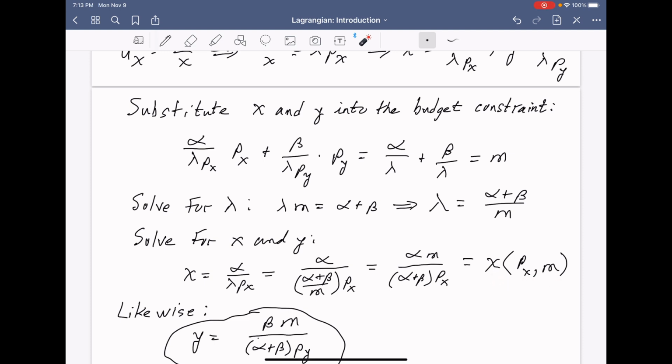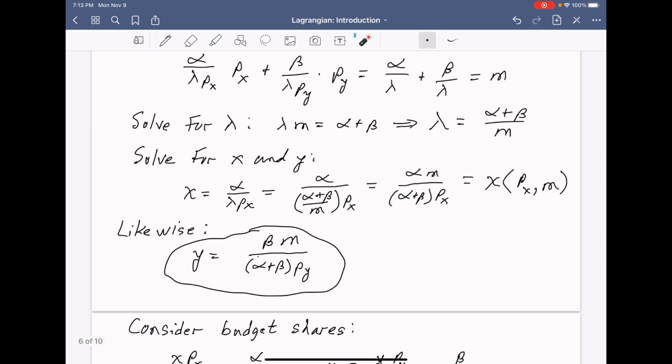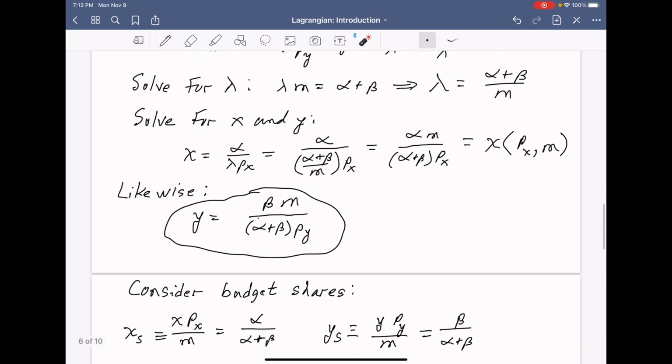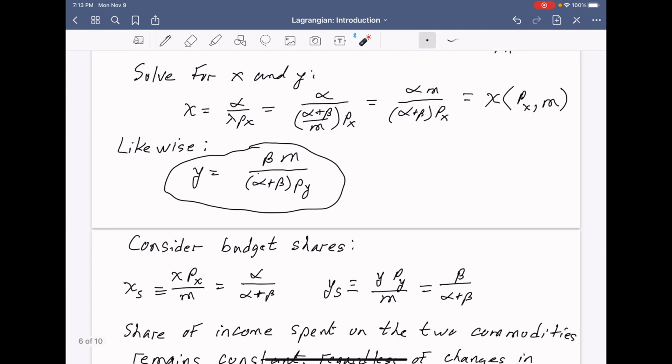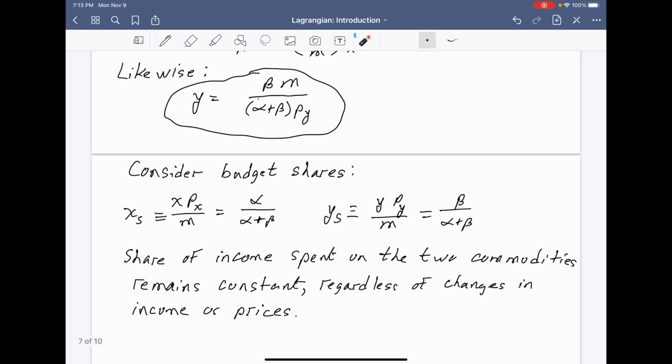Notice that the price of y does not come in here. It just does not come in. Likewise, we solve for y, and we get beta m divided by alpha plus beta, all divided by the price of y. And again, y is a function only of p of y and m, not of the price of x. So it tells you right away that the two are totally separate, that only income and the p of y matter in the case of y, and only income and p of x in the case of x.